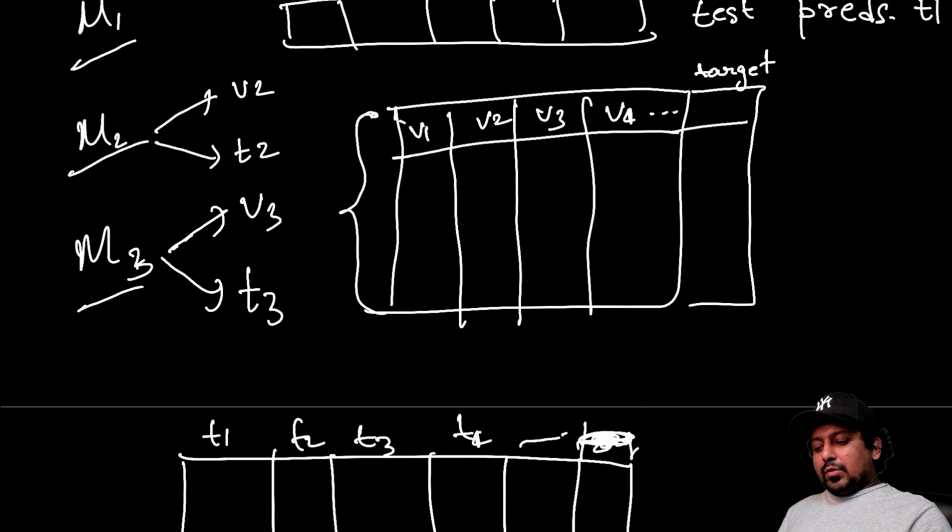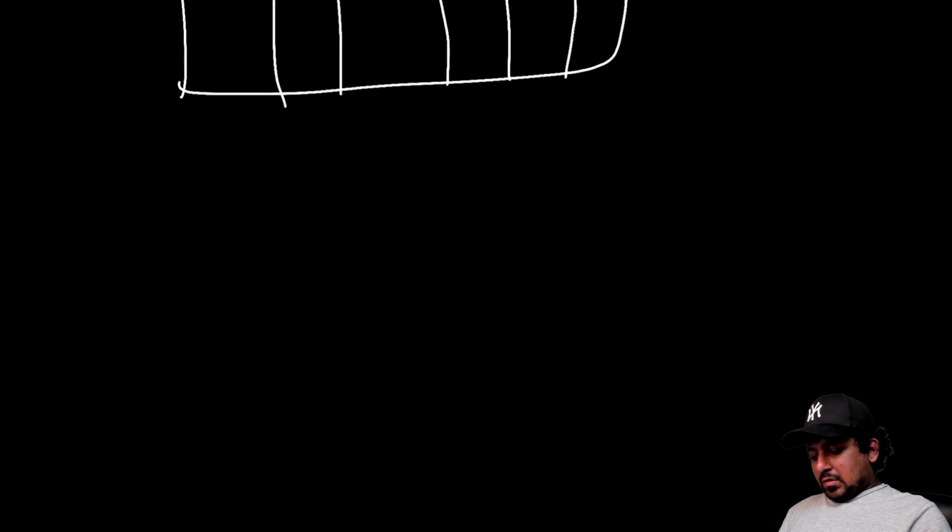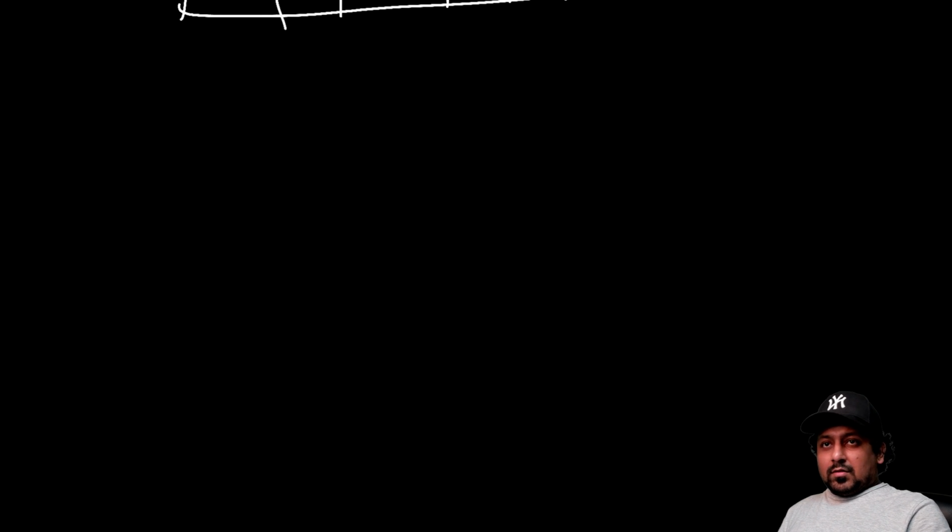So now what you can do is find out how these different predictions will combine to generate the target for test data. So what we do is we assign weights.